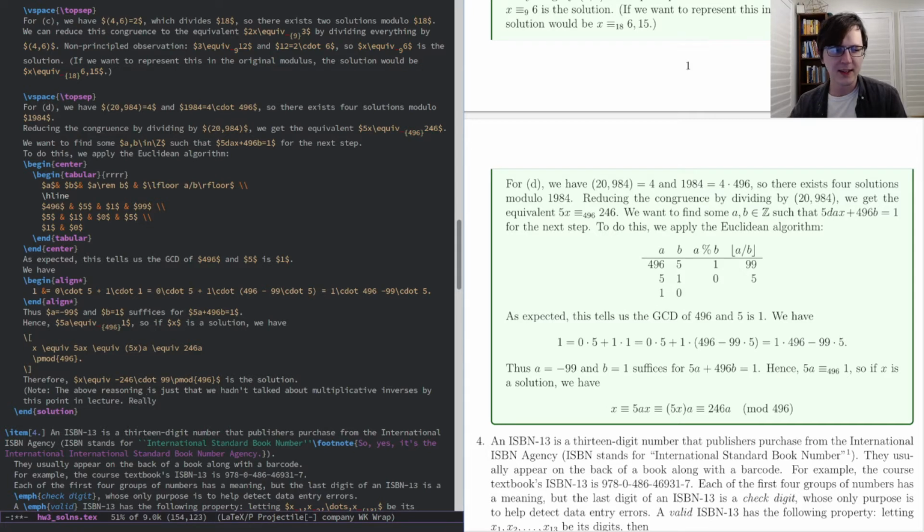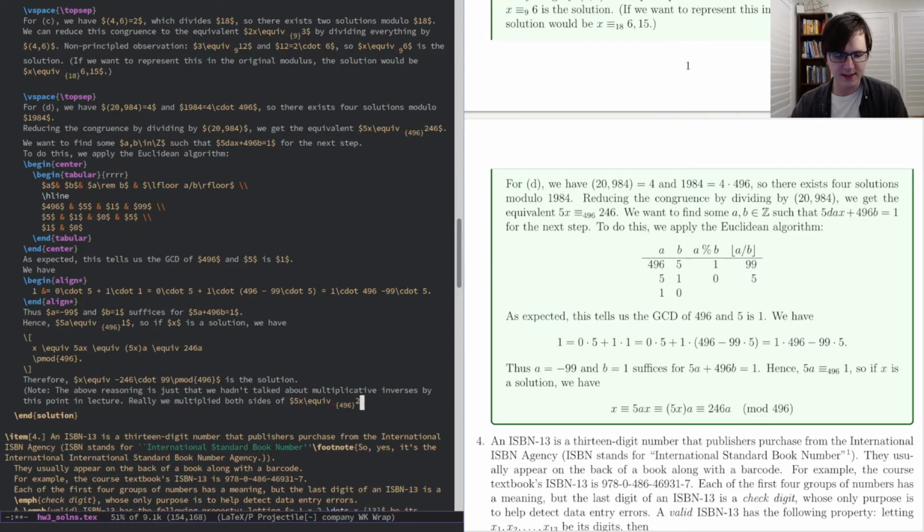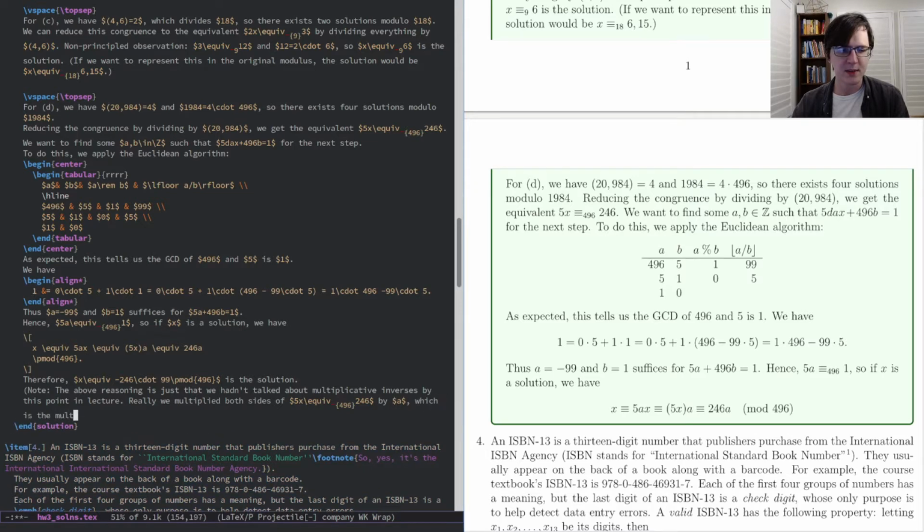Like, really, what we did is take both sides of this congruence by a, which is the multiplicative inverse of 5 modulo 496.